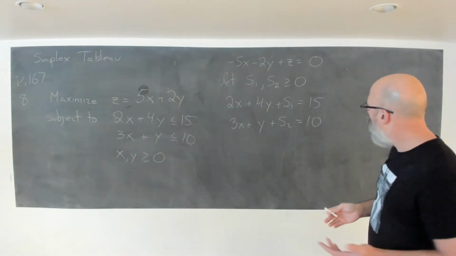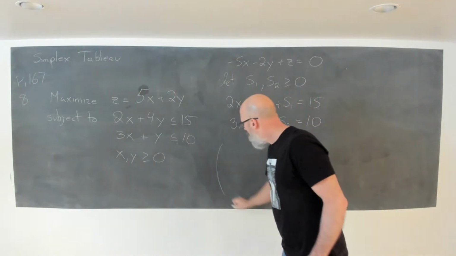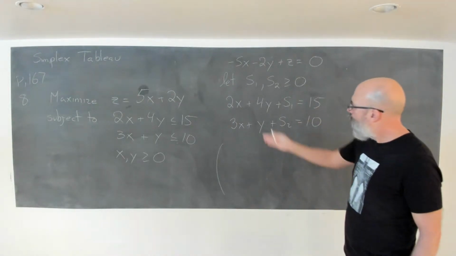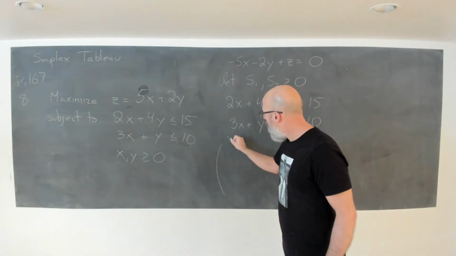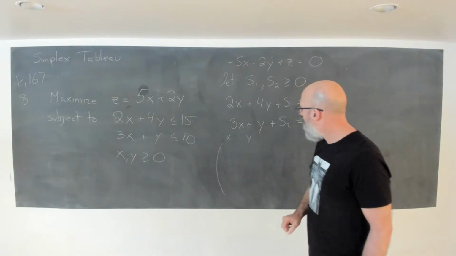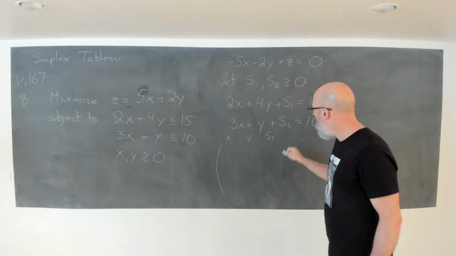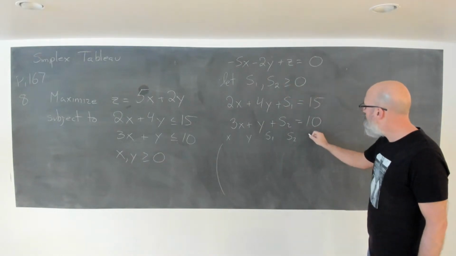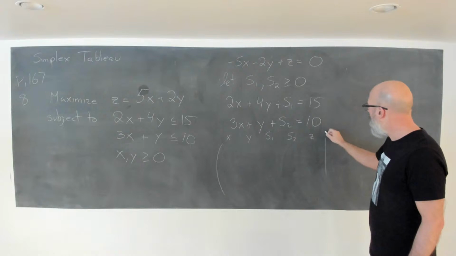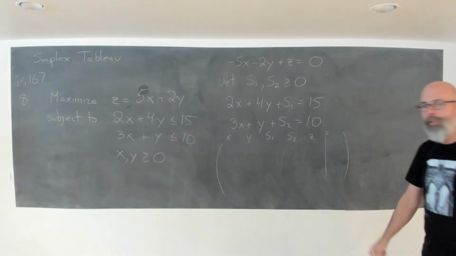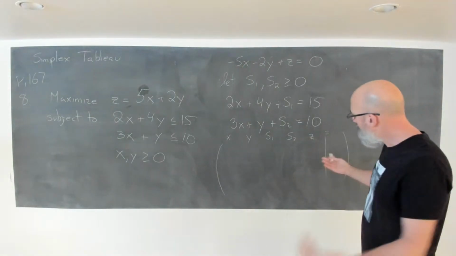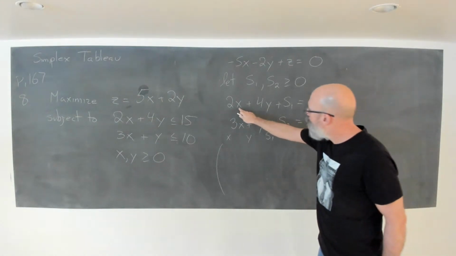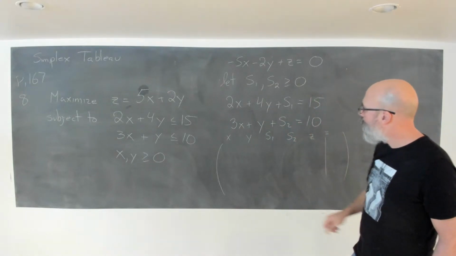And now we're going to put everything into an array called a simplex tableau. We'll reserve the first column for the x's, second column for the y's, third column for the s1s, fourth column for the s2, fifth column for the z, and then the equal stuff. So first equation is telling us 2x plus 4y plus s1 is equal to 15.